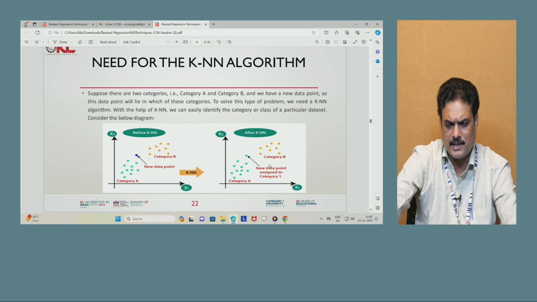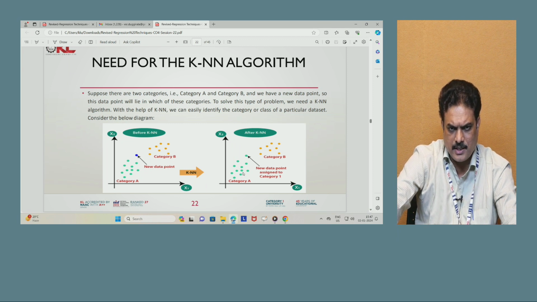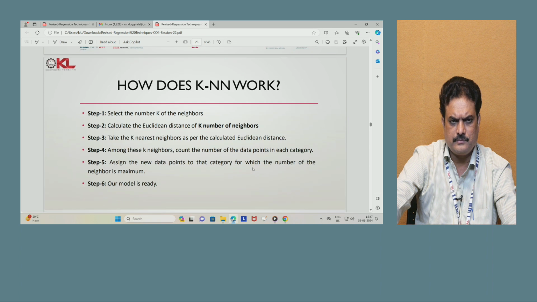After we apply the KNN classification algorithm, category A data points are represented by green color and category B data points by orange color, and the new data point is assigned to category A, which is indicated by the green color.